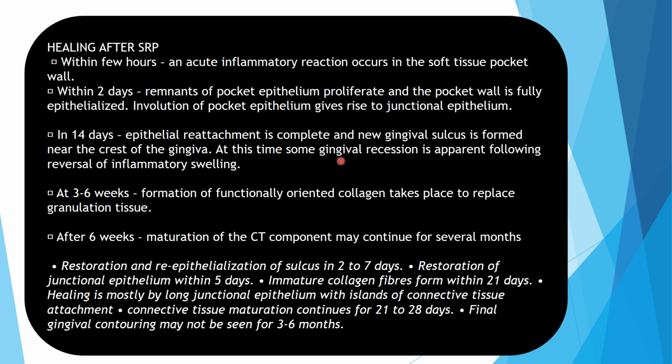At this time, sometimes you can see gingival recession following the reversal of inflammatory swelling. At 3 to 6 weeks, formation of functionally oriented collagen takes place to replace the granulation tissue. After 6 weeks, the maturation of the connective tissue component may continue for several months.